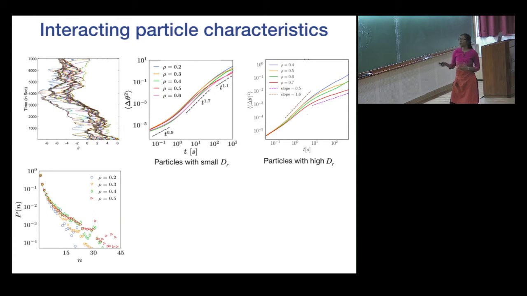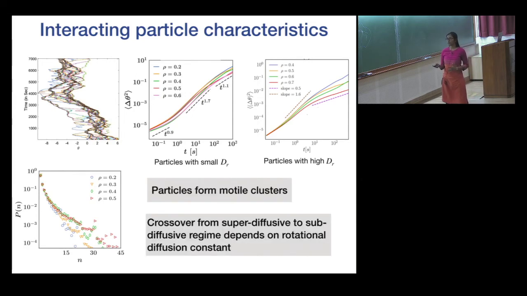With particles of high rotational diffusion constant, within the experimental time scale we see subdiffusive behavior, but with another kind of particle which has a small D_r, a small rotational diffusion constant, within the experimental time window we do not see subdiffusive behavior. So that is all I have.